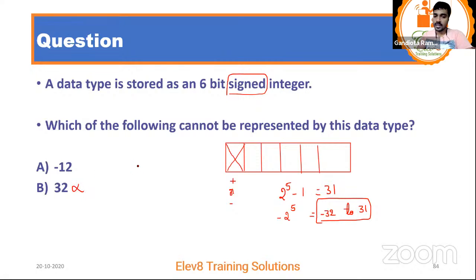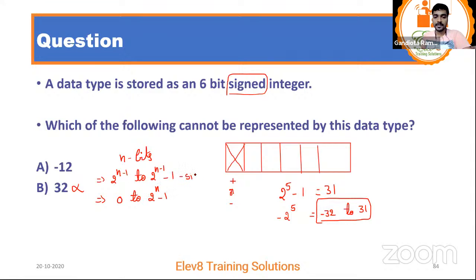ఇస్ దిస్ క్లియర్ మా? ఆల్రెడీ నేను చెప్పాను మా, సైన్డ్ అయితే ఎన్ బిట్స్ సైన్ లో ఉన్నాయనుకోండి మా, యూ కెన్ స్టోర్ ద మాక్సిమం వాల్యూ 2 power n minus 1 to 2 power n minus 1 minus 1 ma, for signed. For unsigned ma, 0 to 2 power n minus 1, right?